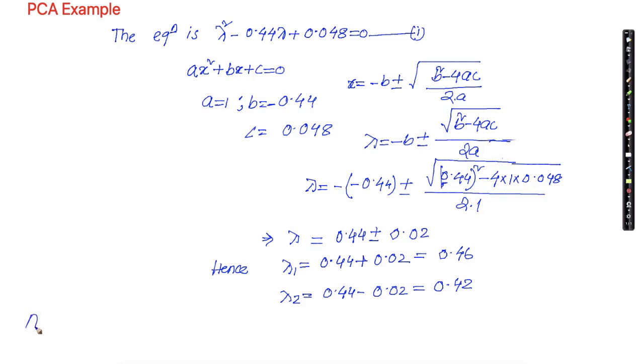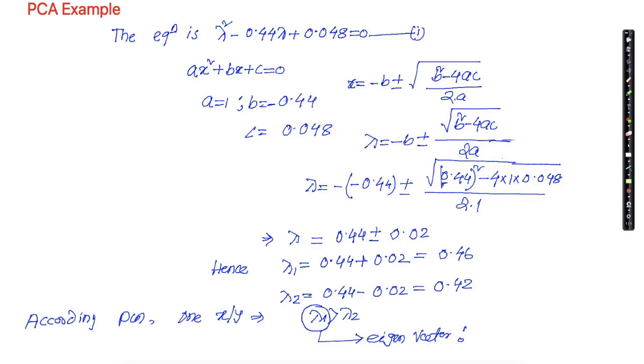According to PCA, since we are interested in only one variable, x or y, we have to arrange these values in descending order, where lambda 1 is greater than lambda 2, and so we consider the eigenvalue lambda 1 in order to compute the eigenvector.